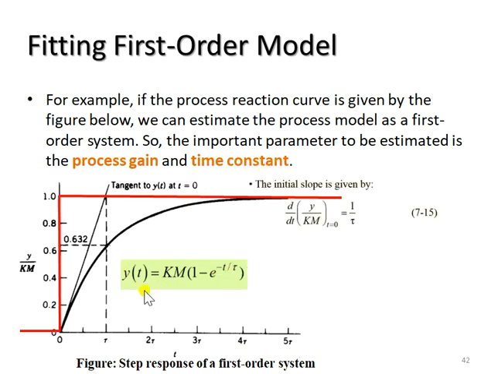So in solving this equation and to find the process gain and time constant, we will first evaluate the initial slope of the response. So this is the slope that we can estimate, which is the maximum slope that occurs to the reaction curve. If I can plot the curve, the slope is like this.